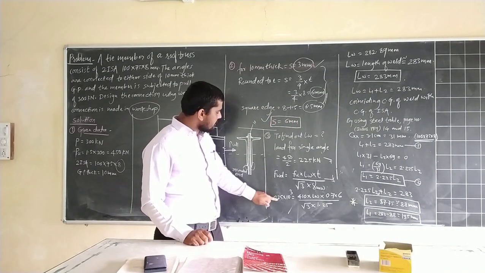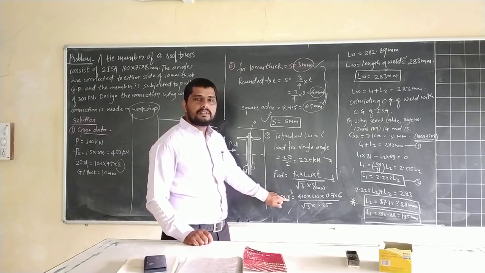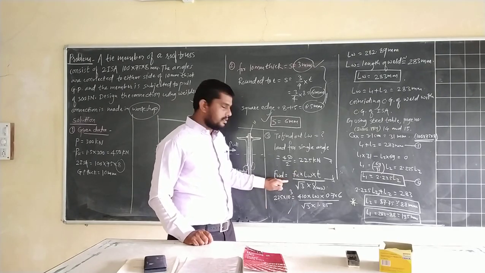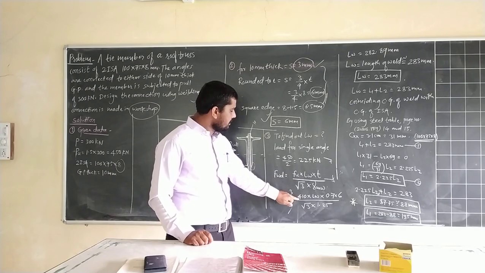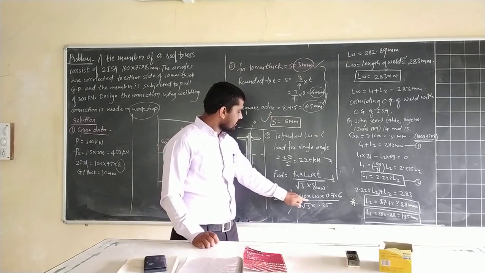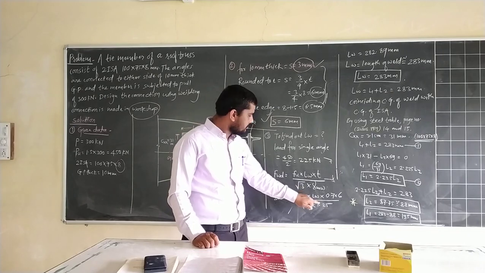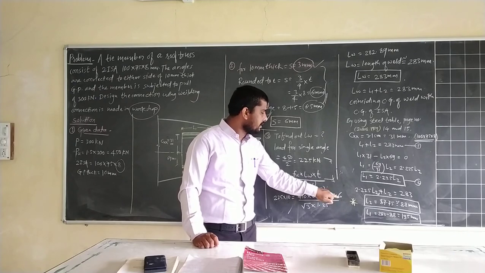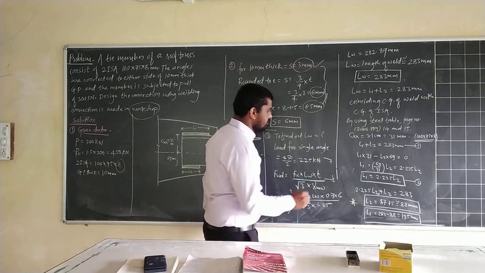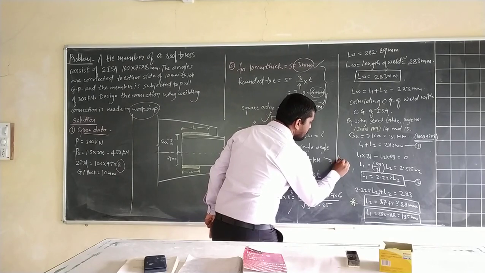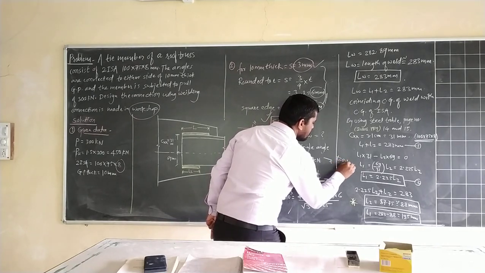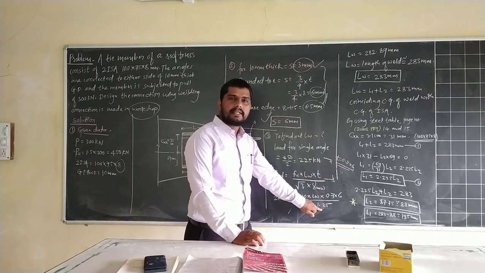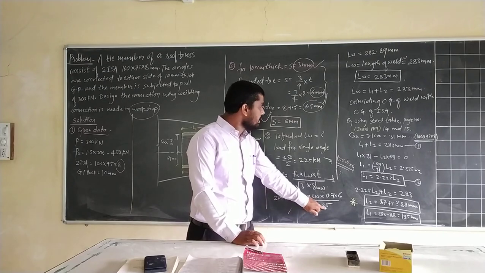The load we have calculated for single angle section is 225 into 10 to the power 3 Newton, which is equal to design strength of weld, that is Fu is 410 Newton per mm square, into length of weld, that we are going to find out, into throat thickness, which is 0.7 times size of weld, so 0.7 into 6, divided by under root 3 into partial safety factor, that is gamma mw is 1.25.